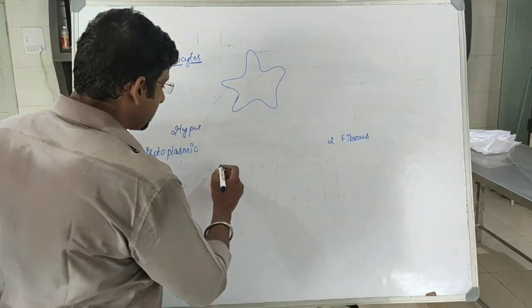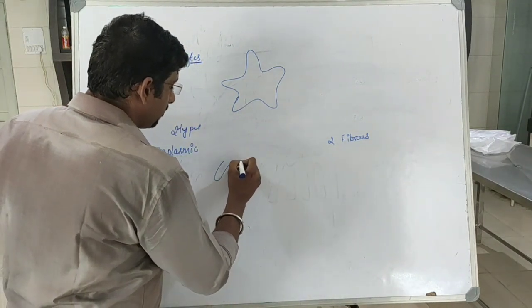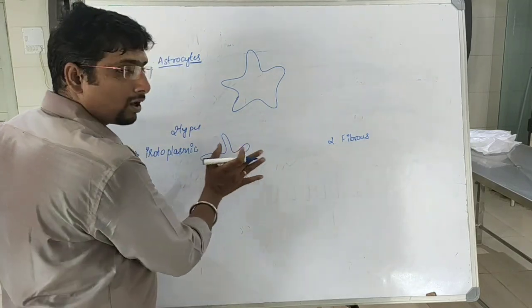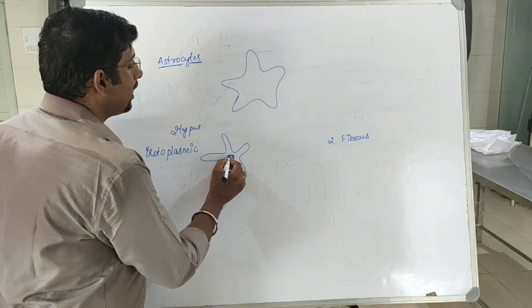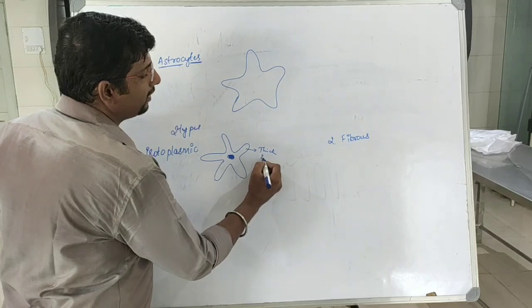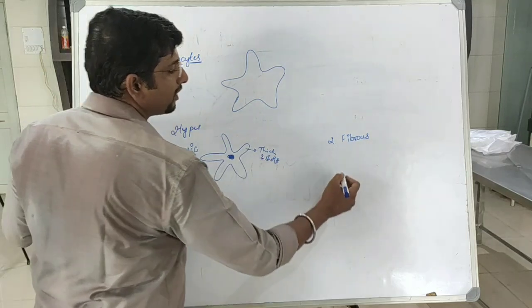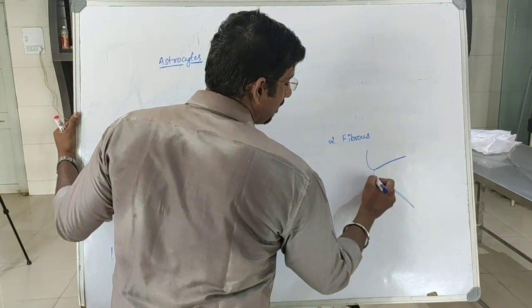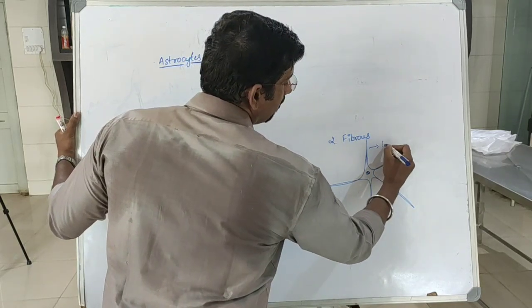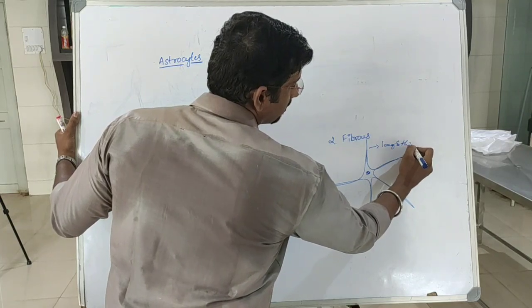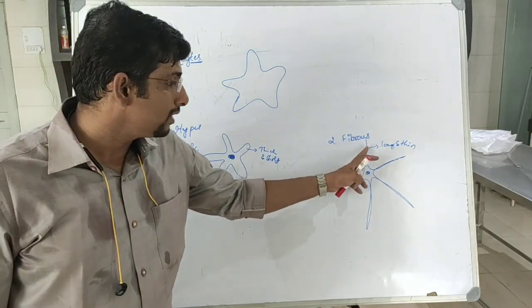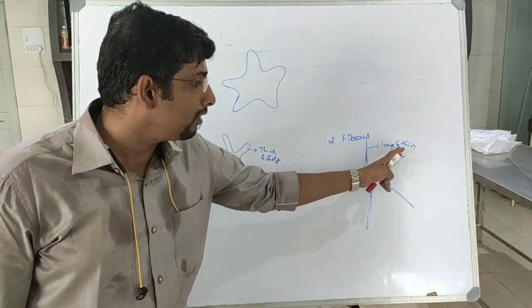In protoplasmic astrocytes, the processes are thick and short. But in the fibrous astrocytes, the processes are long and thin.